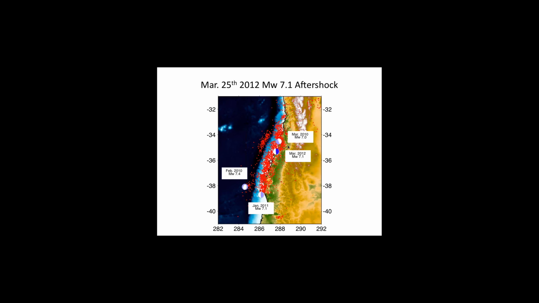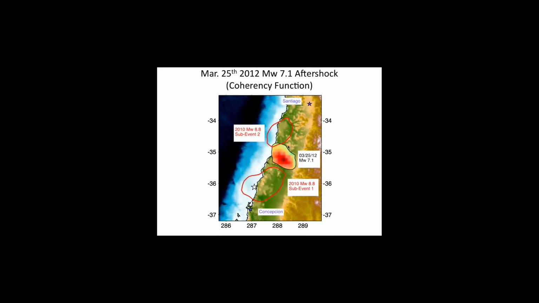So we got interested in this event and we wanted to see how does this compare to the energy distribution we imaged for the 2010 event. And this figure is showing that comparison. So what's being plotted with the red contours, this is the energy distribution for that 2010 event, sub-event 1 near the epicenter, sub-event 2 further to the north.